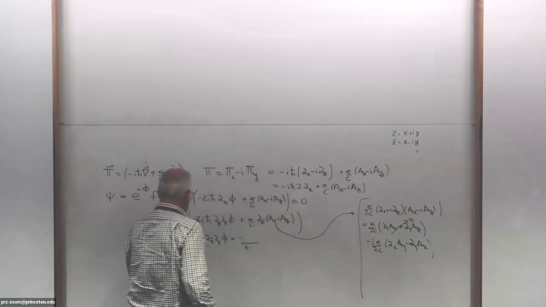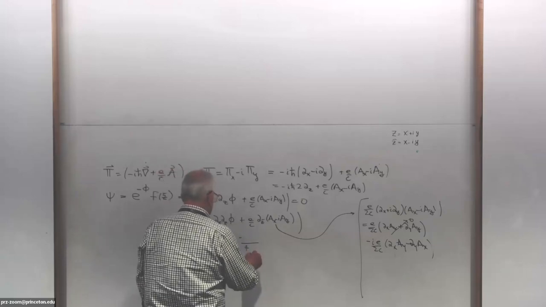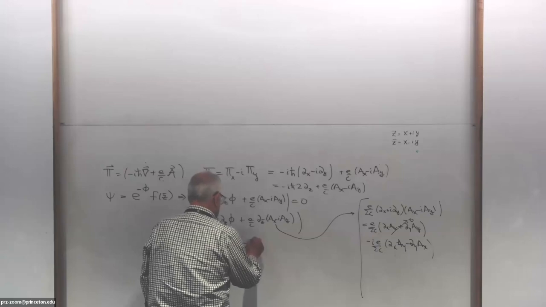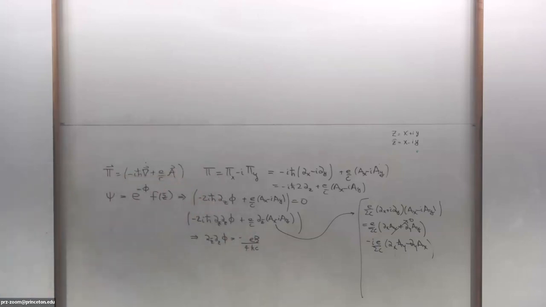There's a half here, and there's a half here if I take it to the other side. And then I have h bar c over e times B, and B is a function of position. So any phi of that form, multiplied by a function of z bar only, is going to be annihilated by pi, and in the case of an electron gas with a g factor of 2, is going to have 0 energy.